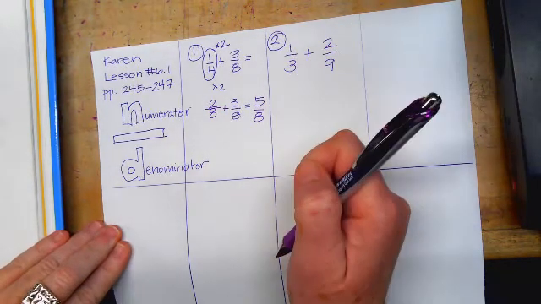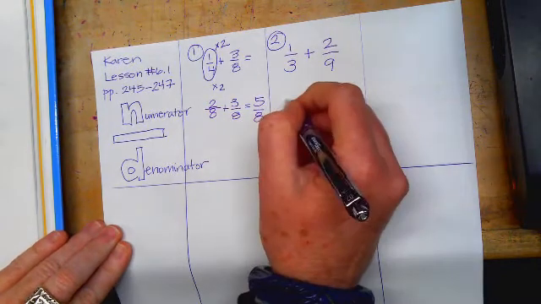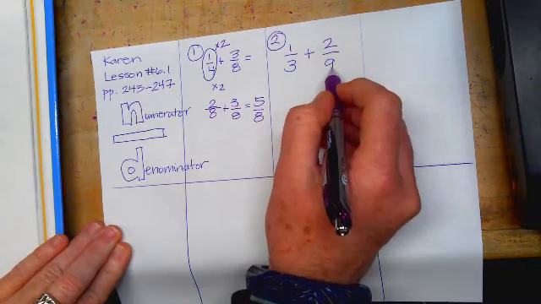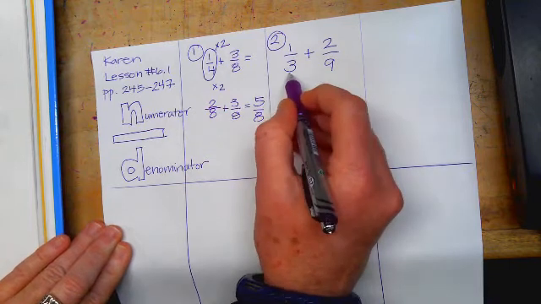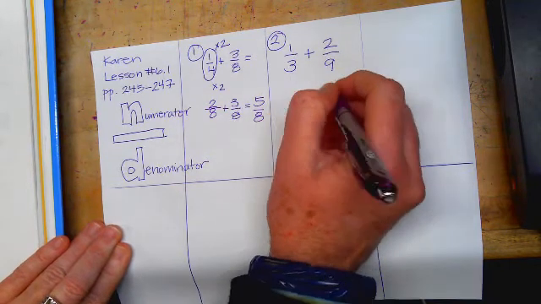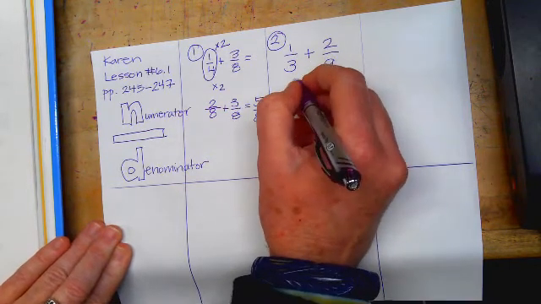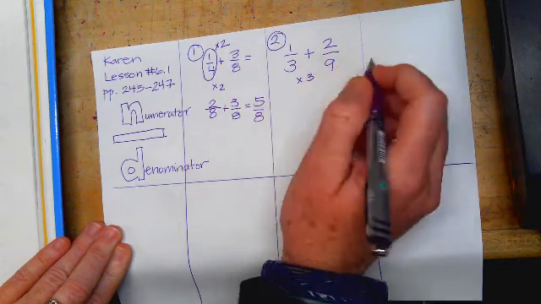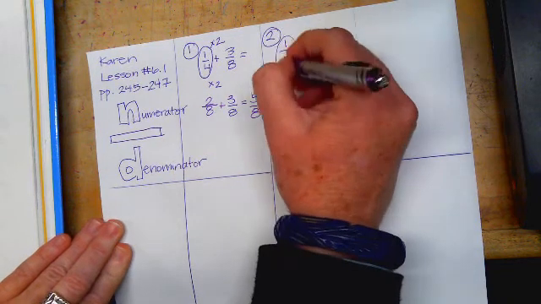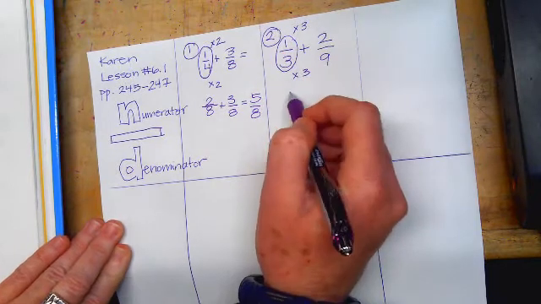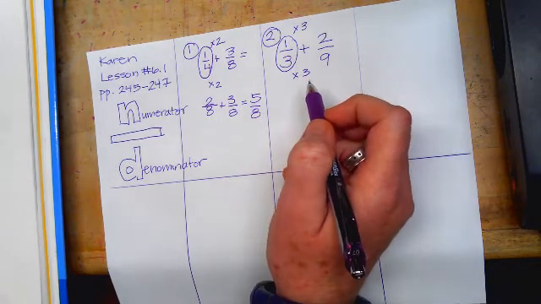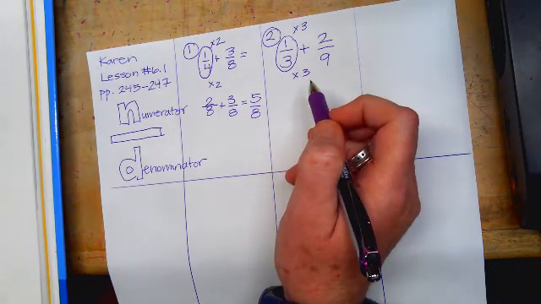And this 1/3 can't stay as it is. We're going to have to change it into a denominator that has a 9, right? So 3 times what equals 9? Well, 3 times 3 equals 9. And if I multiply the bottom times 3, then I have to multiply the top times 3.